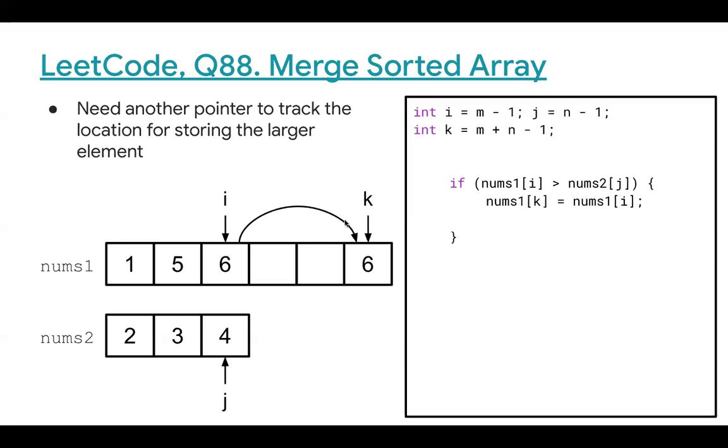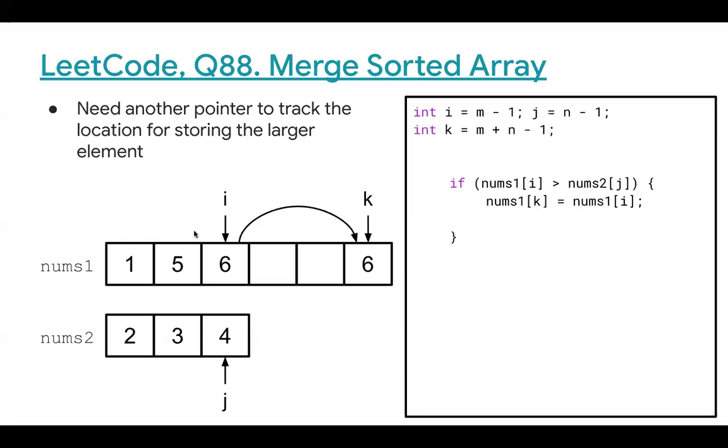Well, at the very beginning, k points to the last slot or last position in the first array, nums1. So k is equal to m plus n minus 1. Right? And so we compare the elements pointed by i and pointed by j. The larger element will go to the position pointed by k. So if nums1[i] is larger than nums2[j], nums1[k] will take the value of nums1[i].